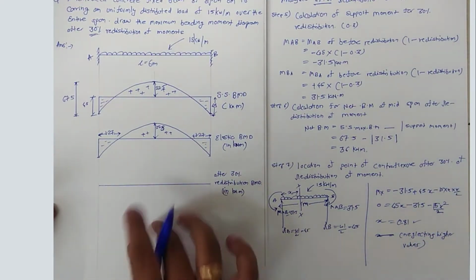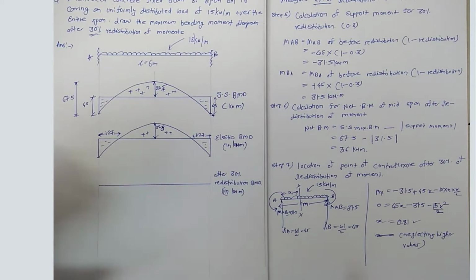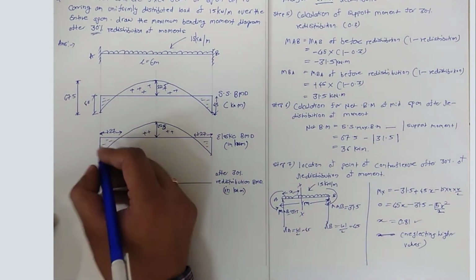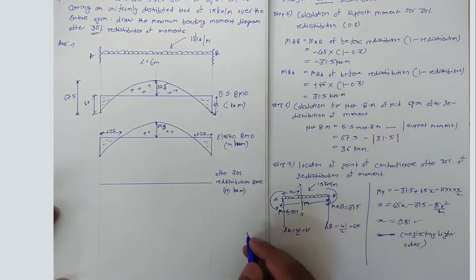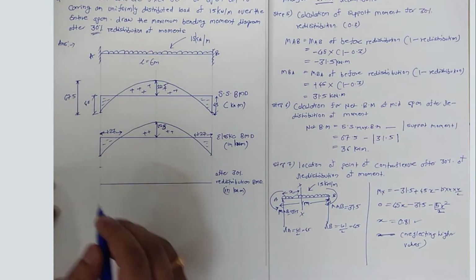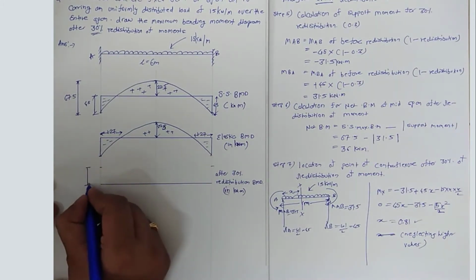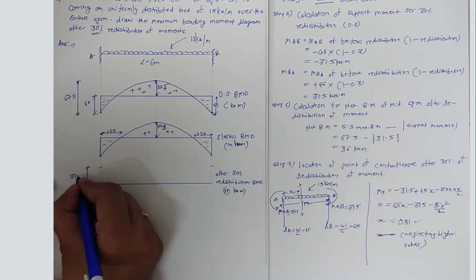So now we can draw this diagram. We can draw the diagram, but now we will draw at the top. It will be negative, so this will be 31.5.